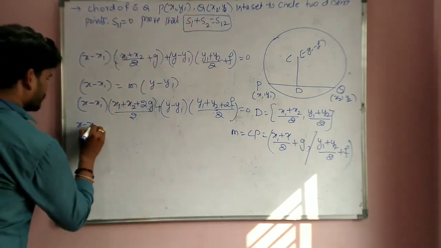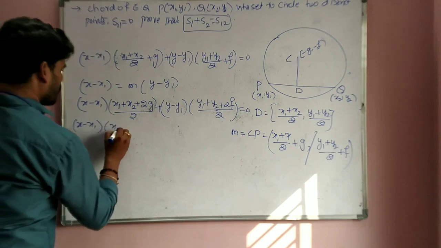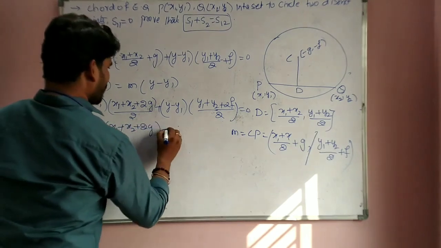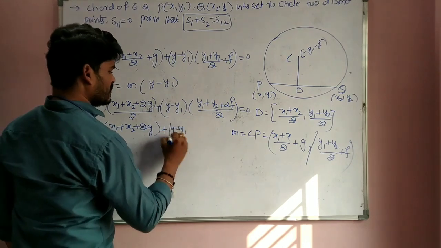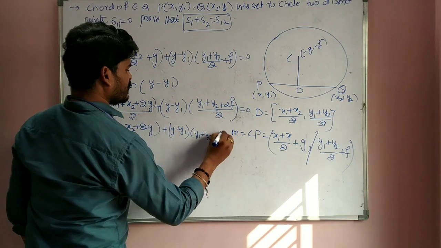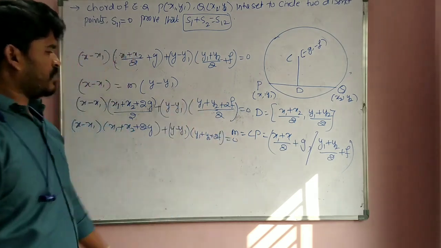Therefore, (x - x1)(x1 + x2 + 2g) + (y - y1)(y1 + y2 + 2f) = 0.